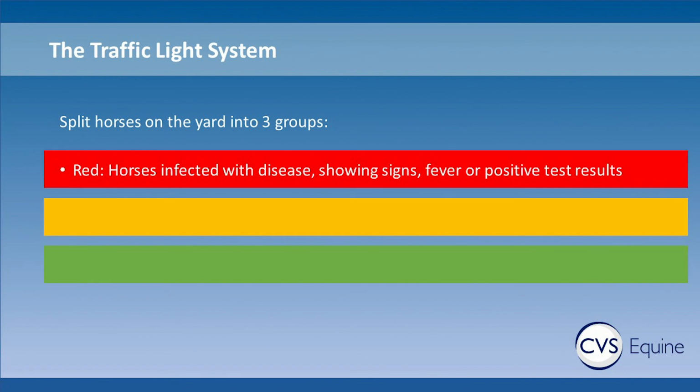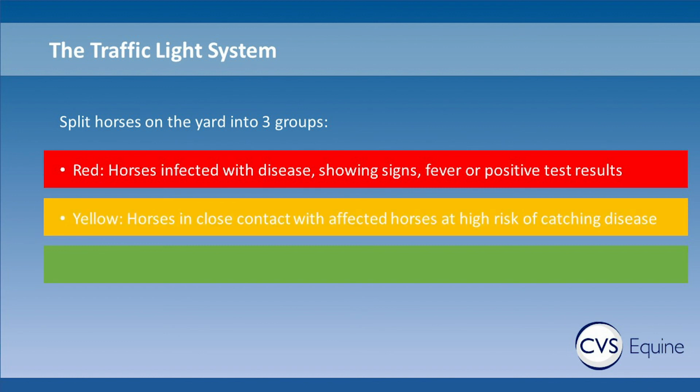In most outbreaks, it would be recommended to separate the horses in the yard into 3 different categories. The first one is the red category, for those horses that are considered infected, that either have clinical signs or have already tested positive.